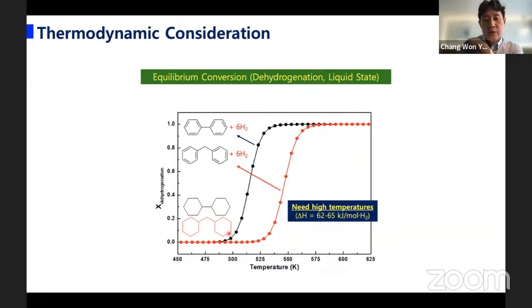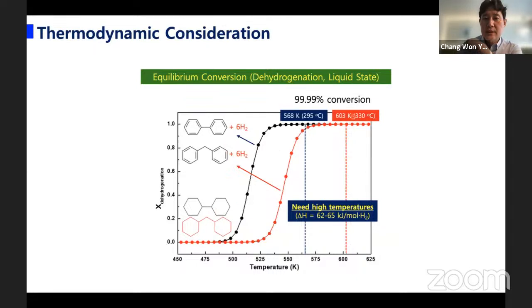To release hydrogen from this molecule, for example, 99.99% conversion, that means it exists in this form. To exist in this form, we actually need nearly over 300 degrees Celsius. Then this form is stable compared with this.